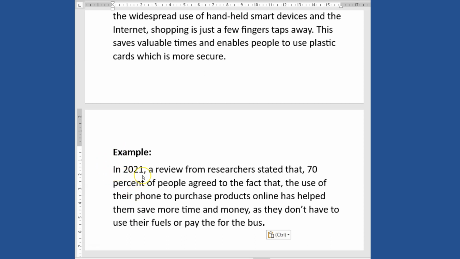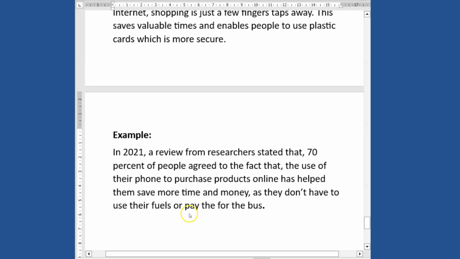In 2021, a review from researchers stated that 70% of people agreed that the use of their phones to purchase products online has helped them save more time and money as they don't have to use their fuel or pay for the bus. Okay, so this is the advantage that people have been getting from shopping online.